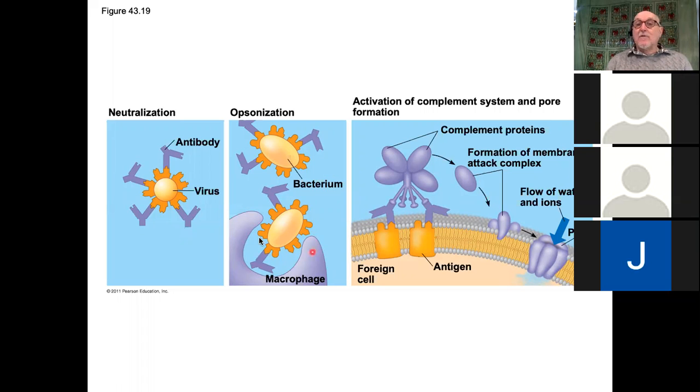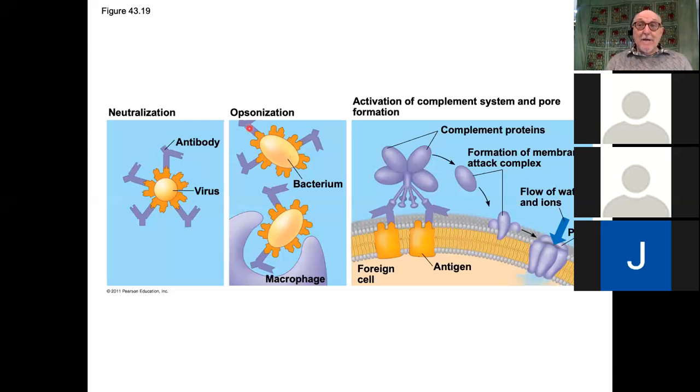And so you can imagine a lump of virus all tied together with antibody, or here a bacterium with which, let's put it this way, many pathogenic bacteria are able to almost camouflage themselves from the macrophages. They make themselves difficult to see.